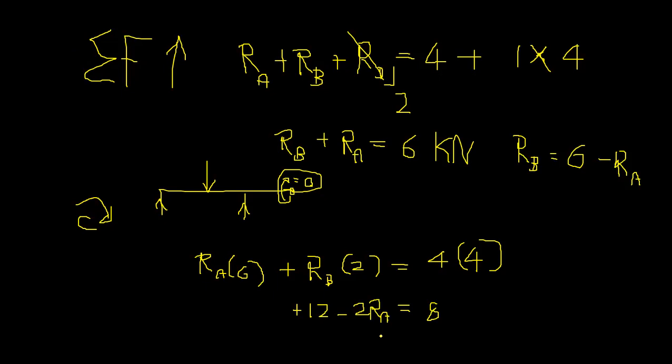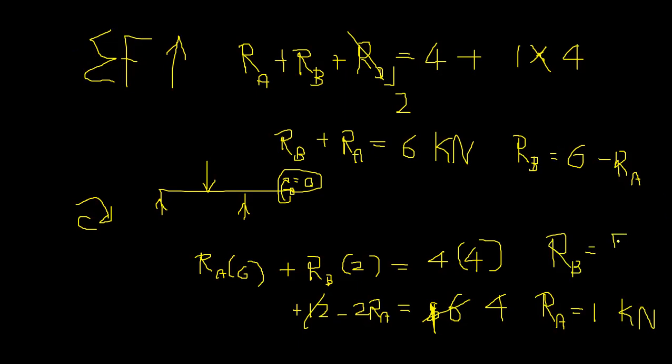So RA, it's going to be 6. So this is 16, right? So 12 is cancelling. This would be 4, and this would be 4RA. So RA would be 1 kilonewton, and RB is 6 minus 1 is 5 kilonewtons, right?